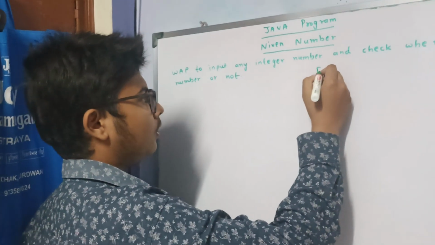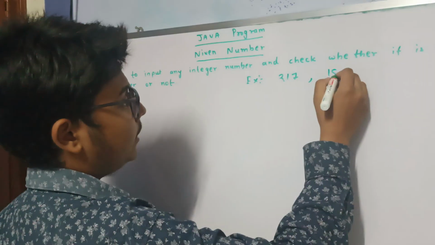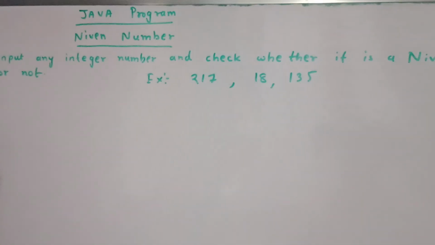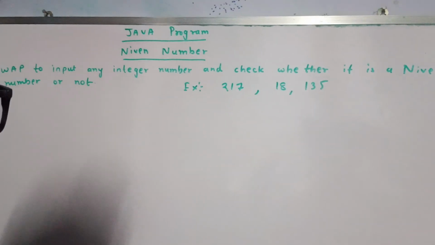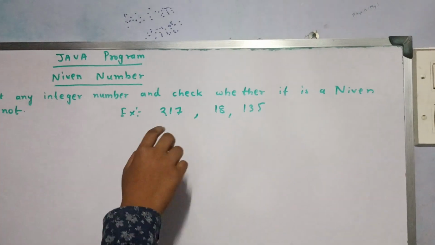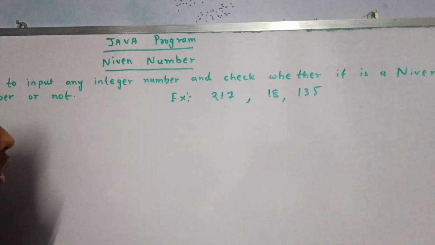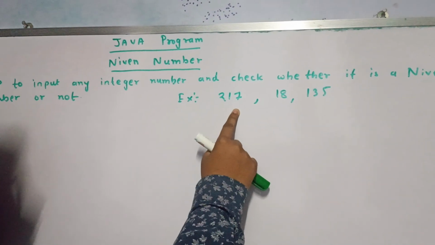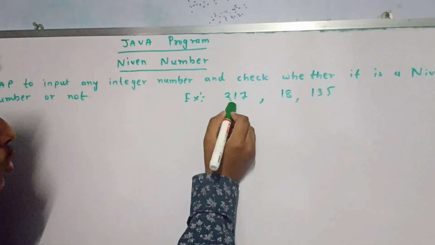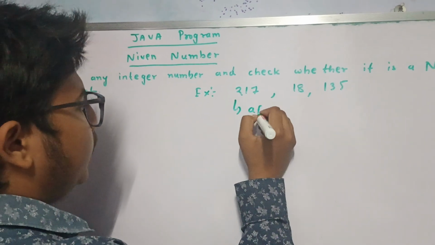So examples: 217, 18, 135. Now you see why I am telling this. First you should know what a Niven number is. If you take the example of 217, at first you have to extract the digits and then find the sum of the digits.